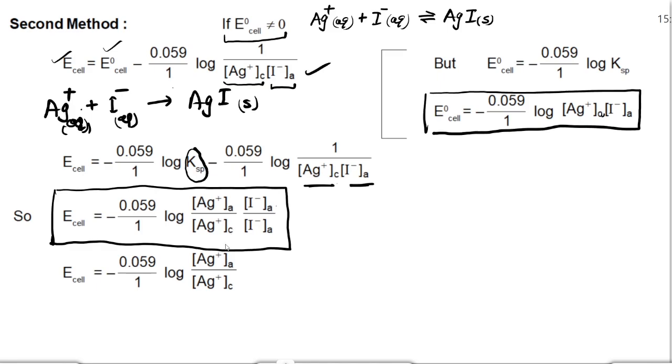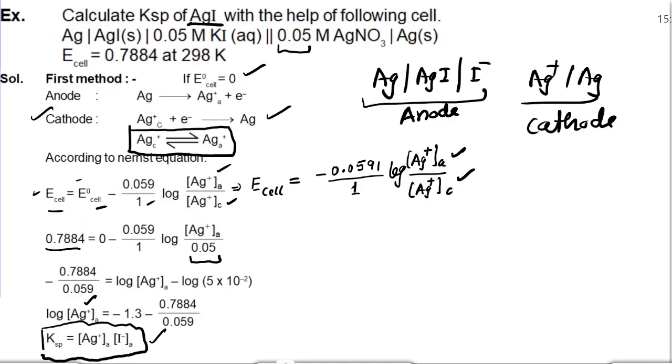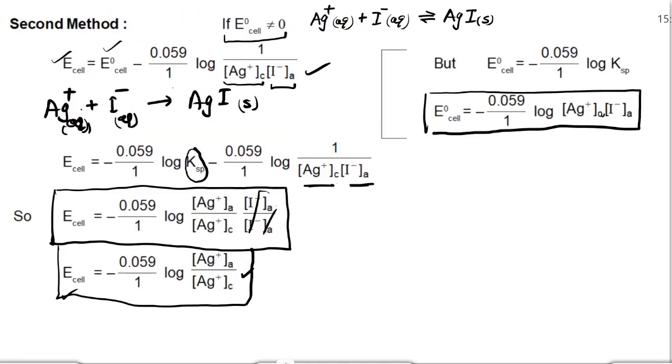So Ag plus anode divided by Ag plus cathode, because this part cancelled out. And the same equation is on the other side: E cell equals E naught cell minus 0.059 upon 1 log of Ag plus anode over Ag plus cathode, because instead of E naught cell we write this part. Instead of putting it 0, we put minus 0.059 upon 1 log of Ksp, and therefore finally we get the same equation.